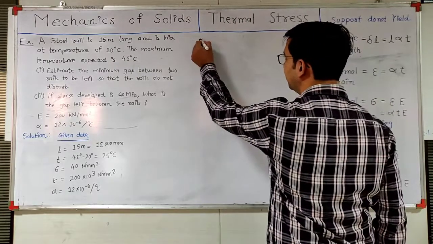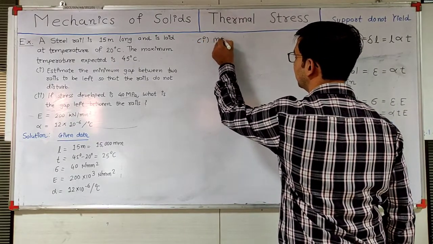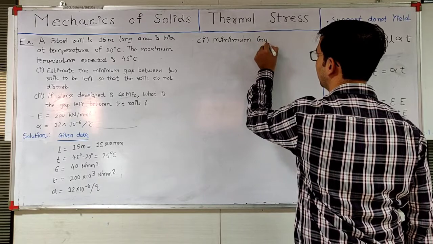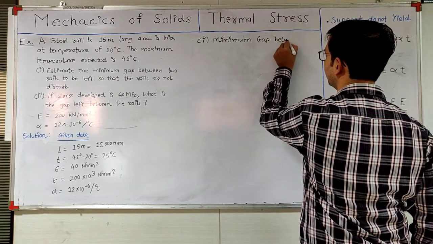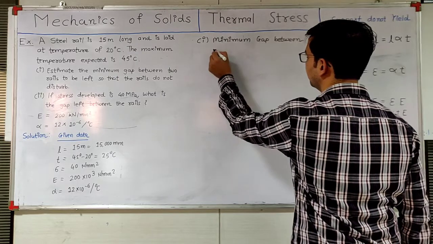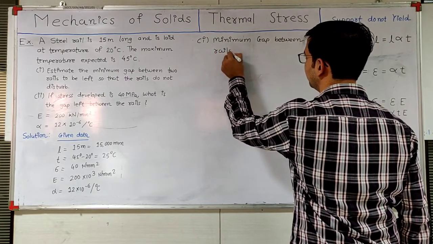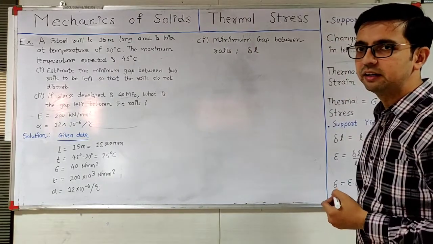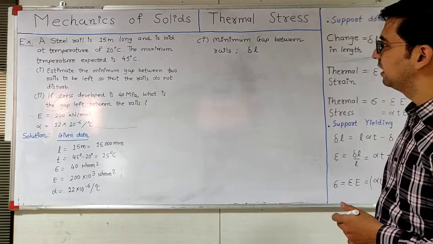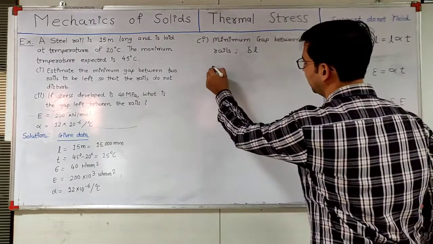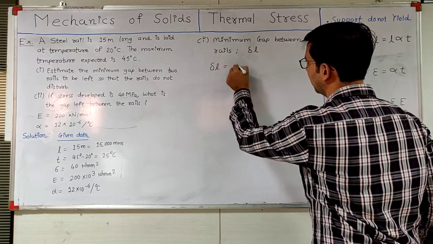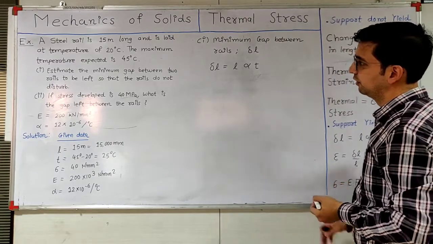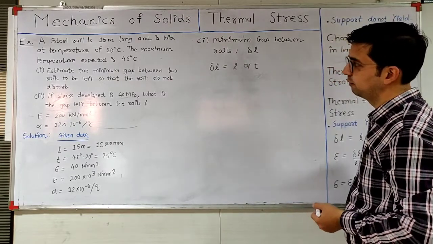Here the first parameter needed is the minimum gap, denoted by delta L. As we know, change in length is L alpha T, so delta L is the minimum gap required.